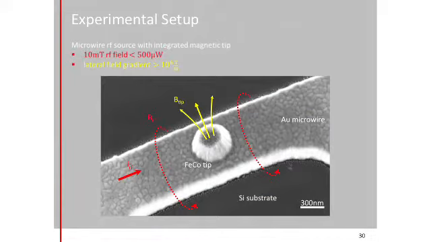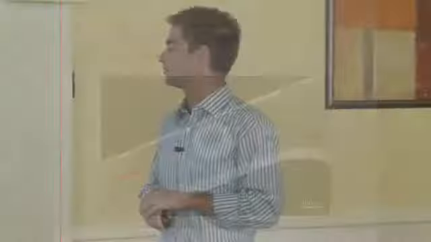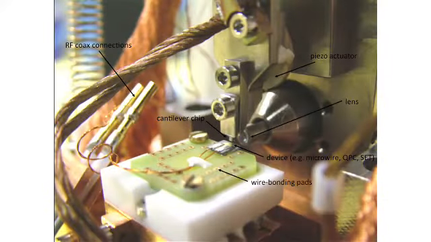I don't really want to go into this here, but if you're interested, there's a short APL about this. And this is a picture of our system in Basel. We have our microwire chip with the magnetic tip down here, and our cantilever chip here, so the cantilever hangs in this pendulum geometry. We have some positioners to move all of this, and a lens here, which is part of the interferometer to detect the cantilever motion. All of this is at the bottom of a helium-3 refrigerator in vacuum.